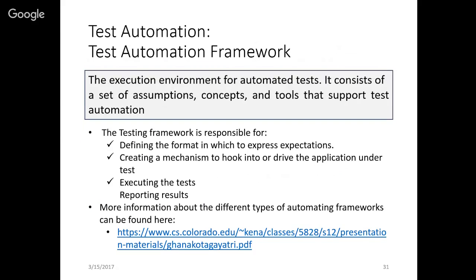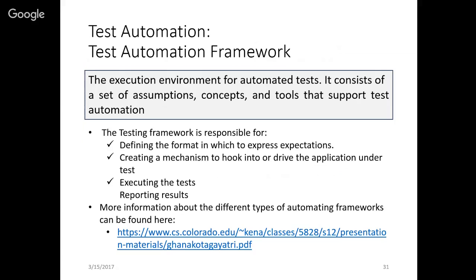Test automation frameworks. There are lots of frameworks that enable us to do the automation process that we mentioned before. There is a link here for the differences between these. One of the main ones that you will hear about in different places is JUnit for Java unit testing.